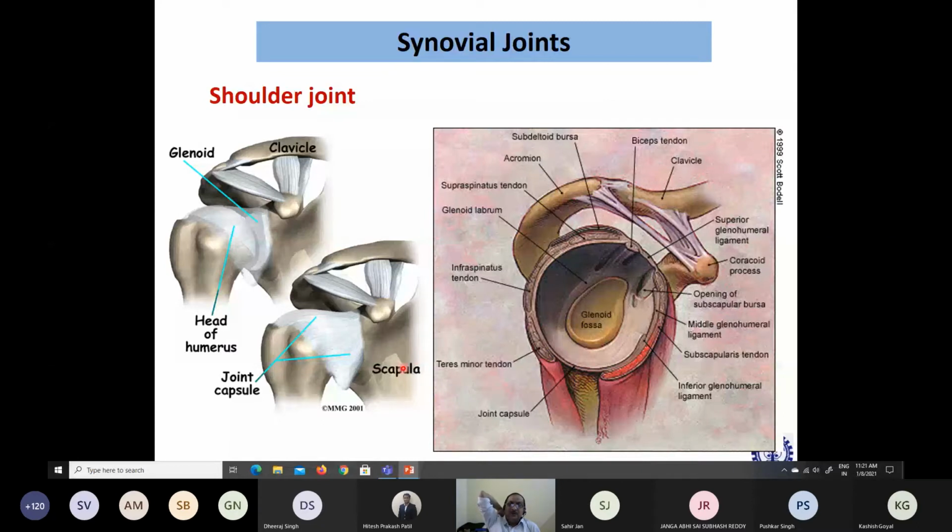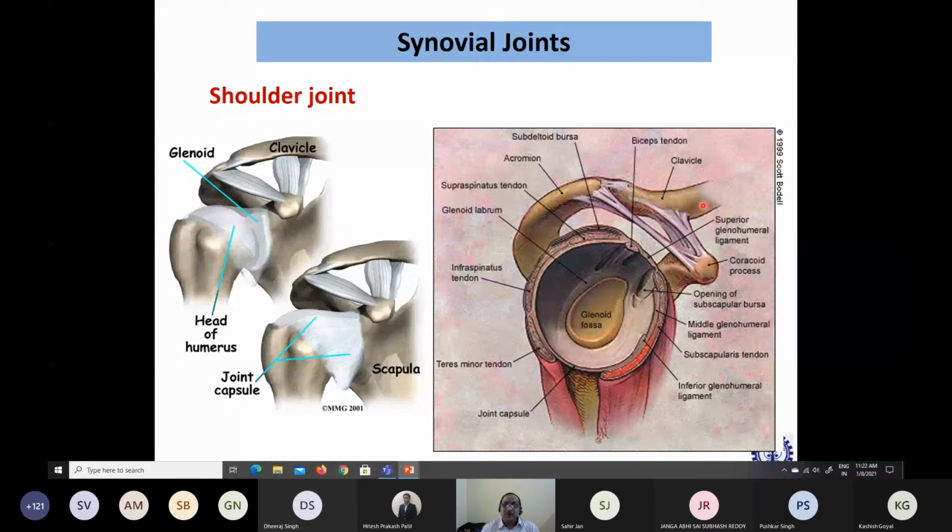We often call it the shoulder blade, and it forms the primary shoulder joint by articulating with the humeral head. The other bone which forms part of the shoulder joint is the clavicle, or the collarbone.